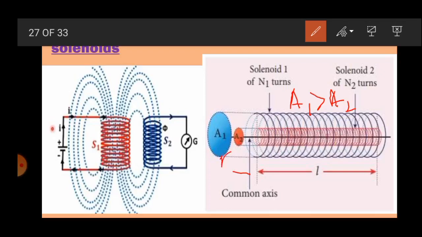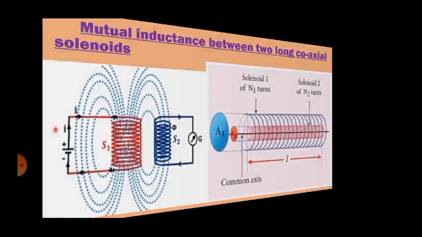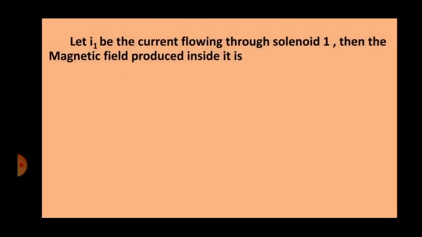The turn densities, small n, of the solenoids are n1 and n2 respectively: turn density n1 for solenoid 1 and n2 for solenoid 2. Now let current I1 flow through solenoid 1.